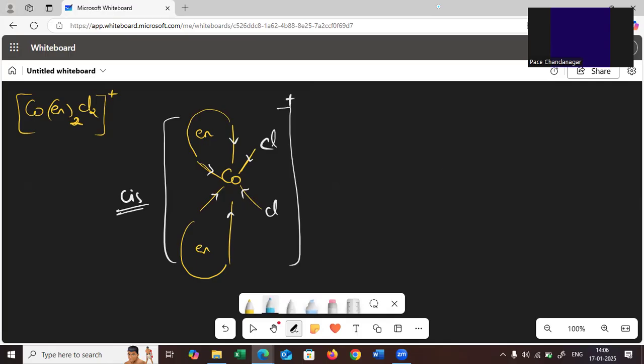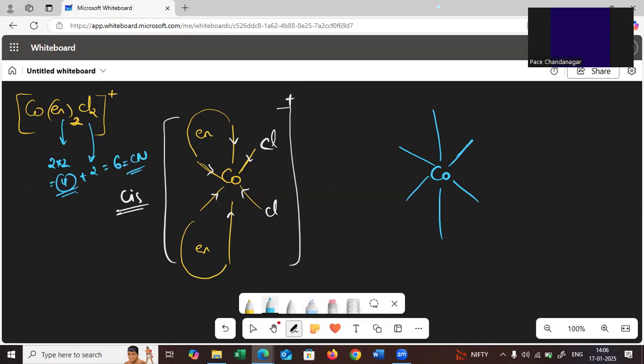We can go with another one like this, cobalt. You have to always draw these because this is an octahedral complex. We all know this is six coordinate. Here it is 2 into 2, which is 4, since bidentate ligand, and here you have 2. So 4 plus 2 is 6, the coordination number here, which means it will be octahedral.